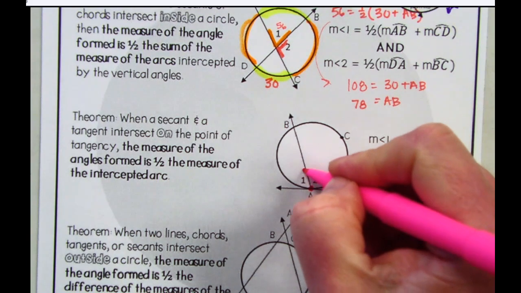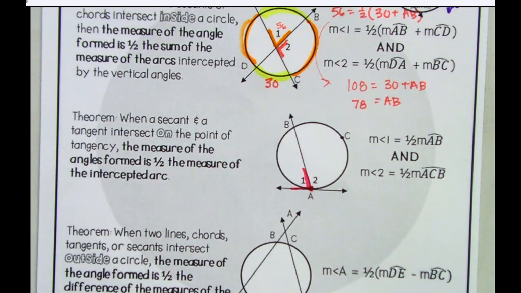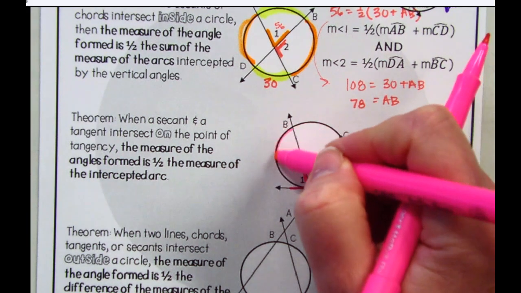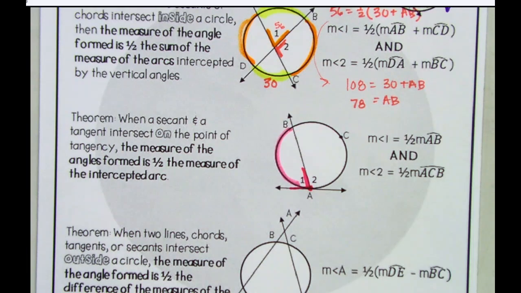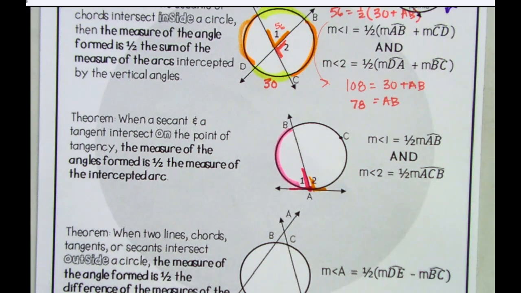So here is angle 1. Guess what it is half of? AB. Yeah, AB. Here is angle 2. Guess what it is half of?